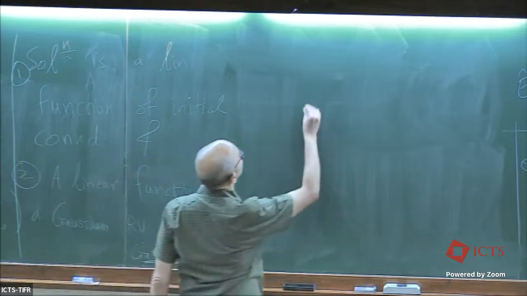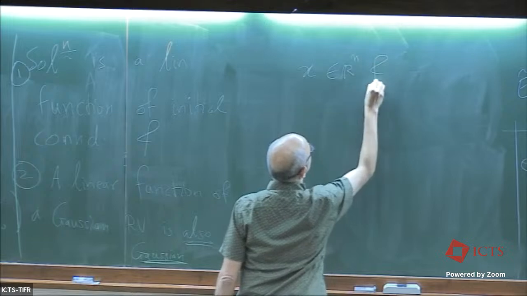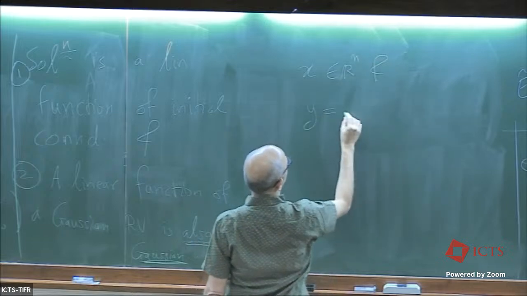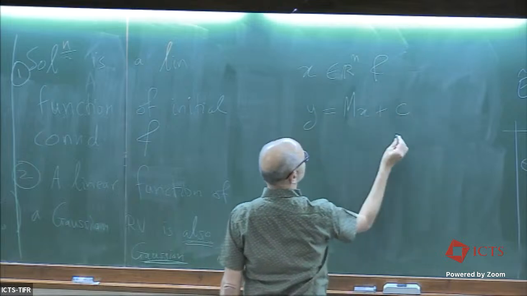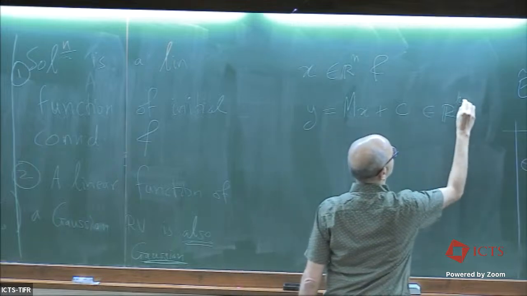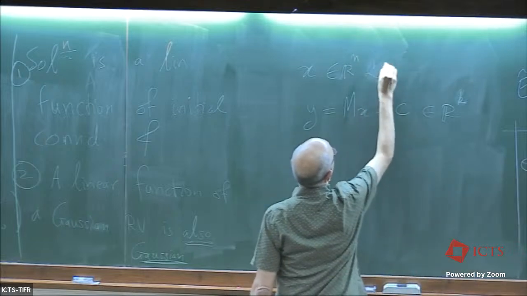So let's say x is in Rn and y is equal to Mx plus c and is in Rk.